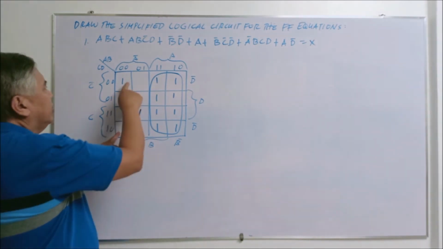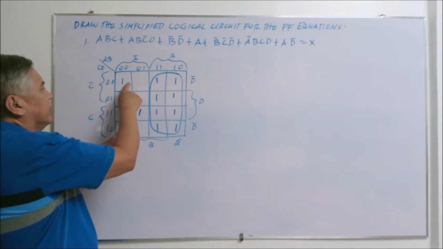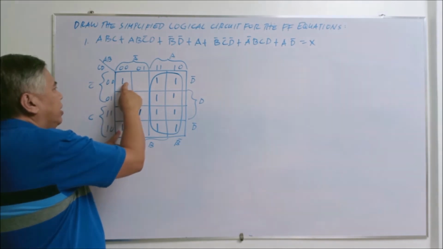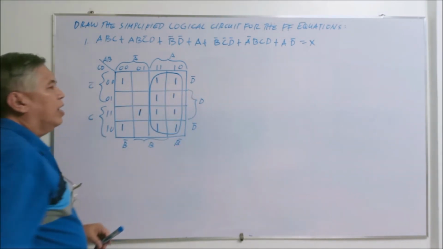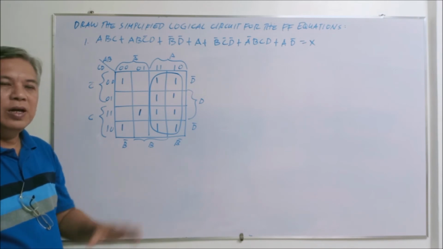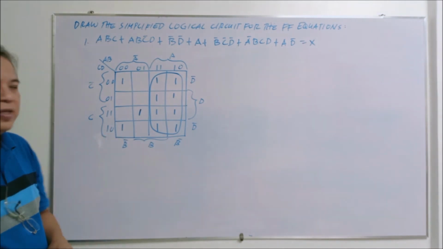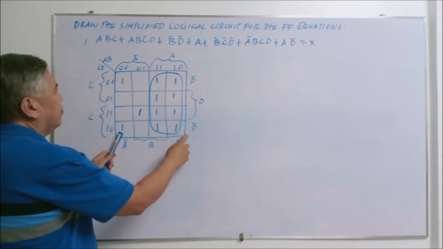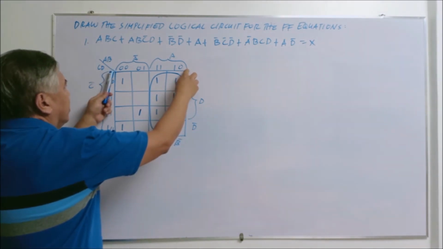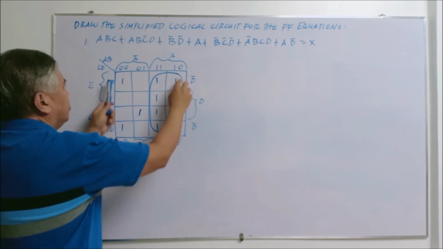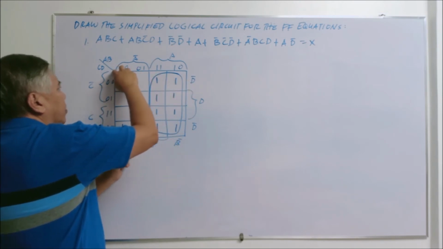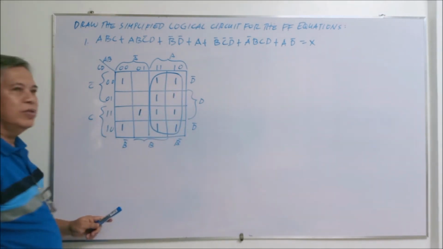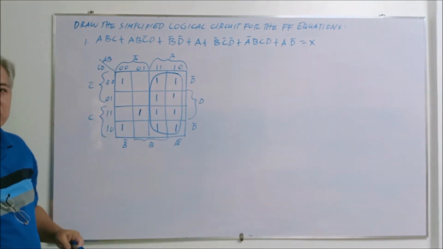This one here and this one are not yet grouped. So this cell here and these cells here are adjacent together. Now, why are they adjacent? When you fold this there, these two parts here are adjacent, and once you fold it there, these 4 here become adjacent.